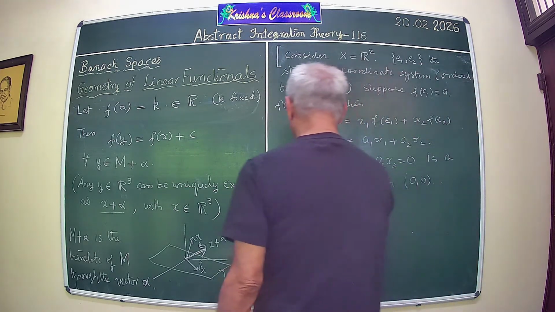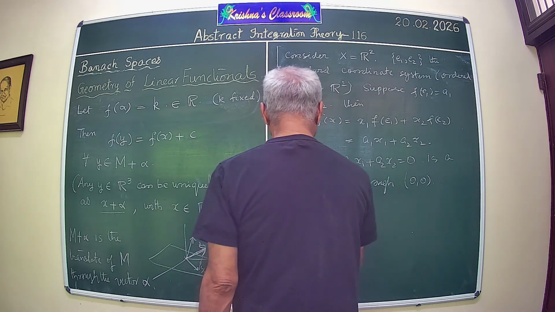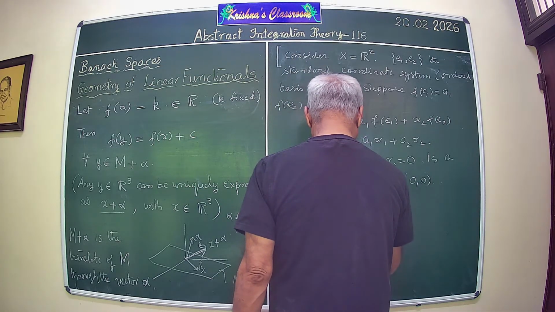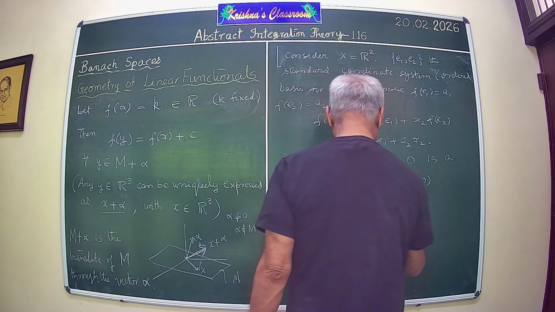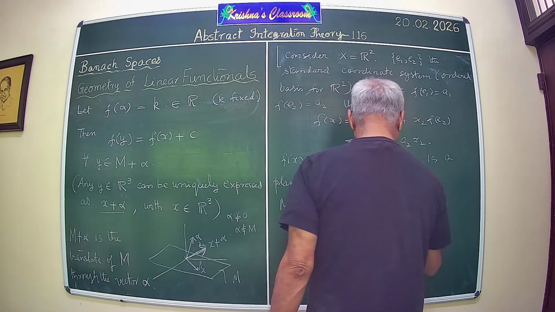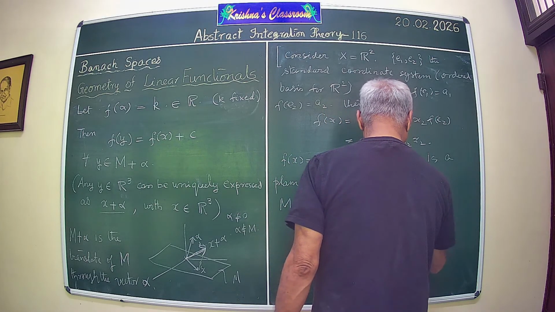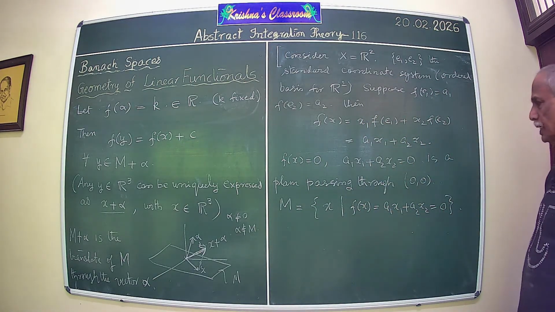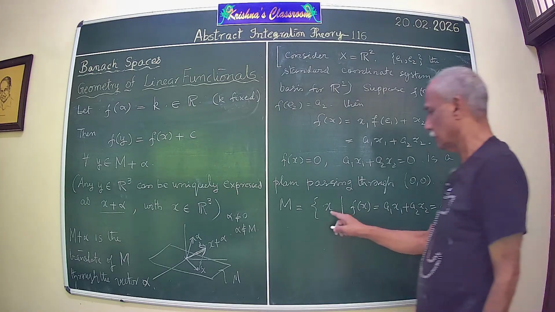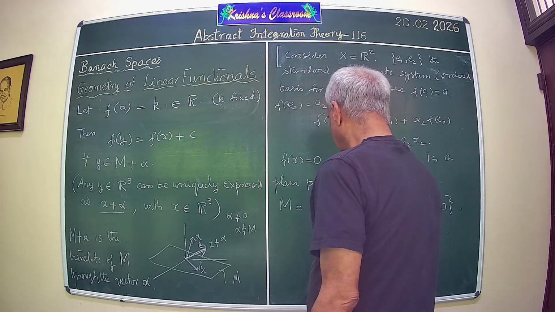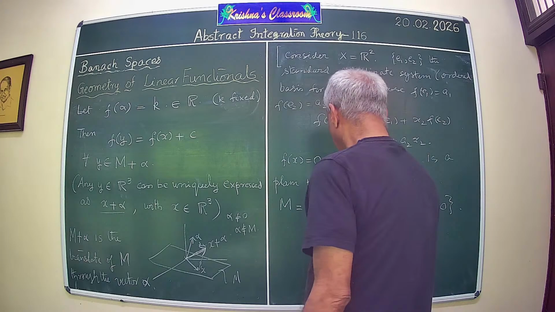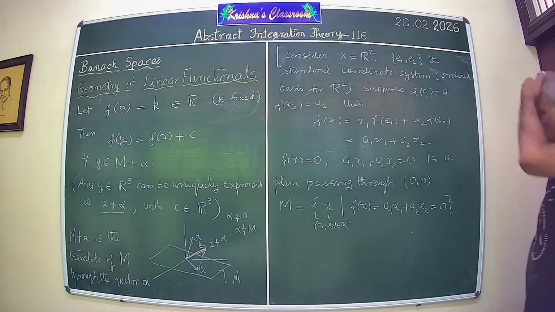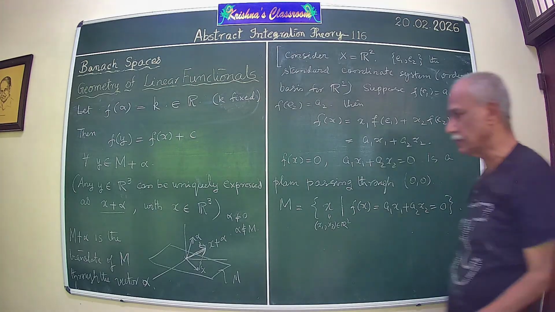So let M be the set where f is zero. That is, this is essentially all x with this property.